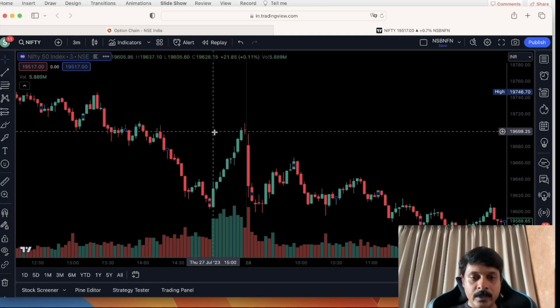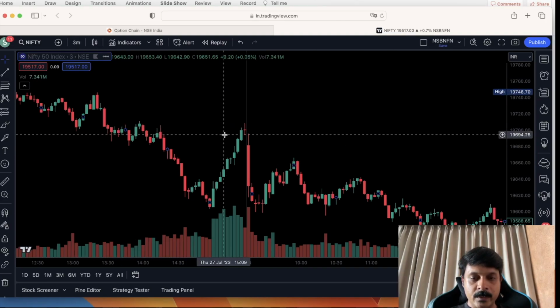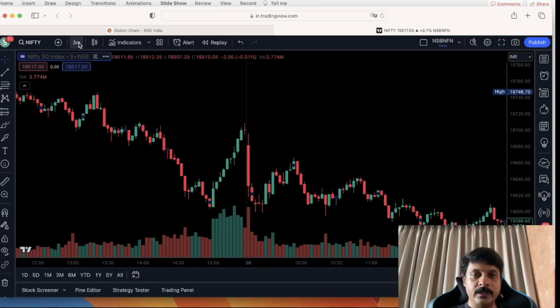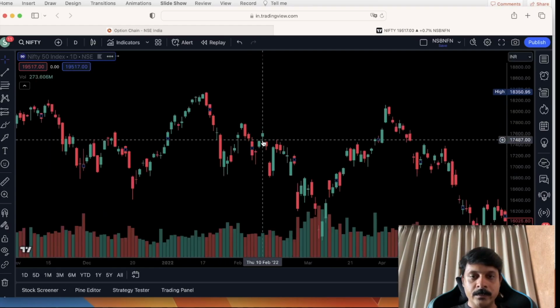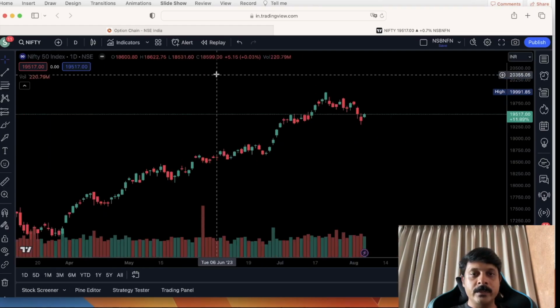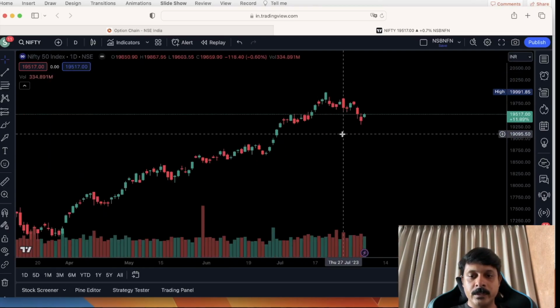So if you actually go into the daily chart, this is Thursday, June 27. Here, if you look at the actual closing, when I place the cursor, July 27 Thursday, 19,659.90.